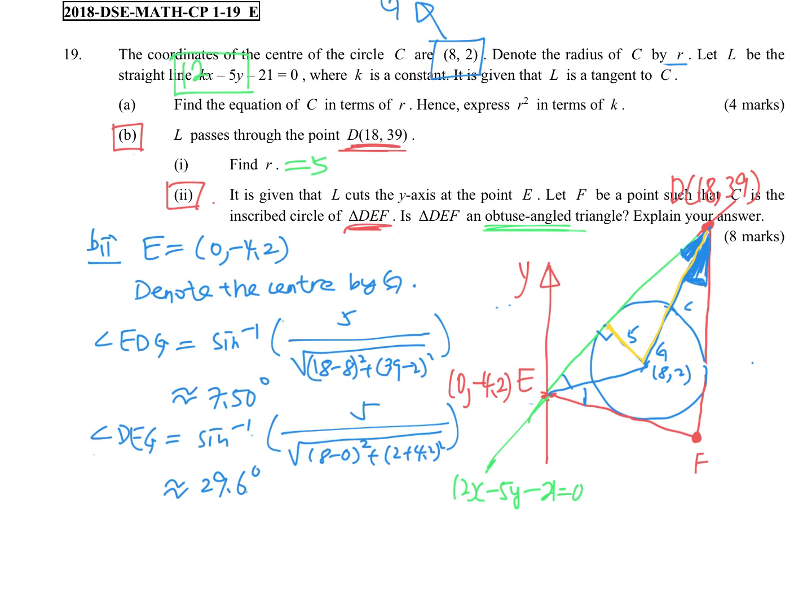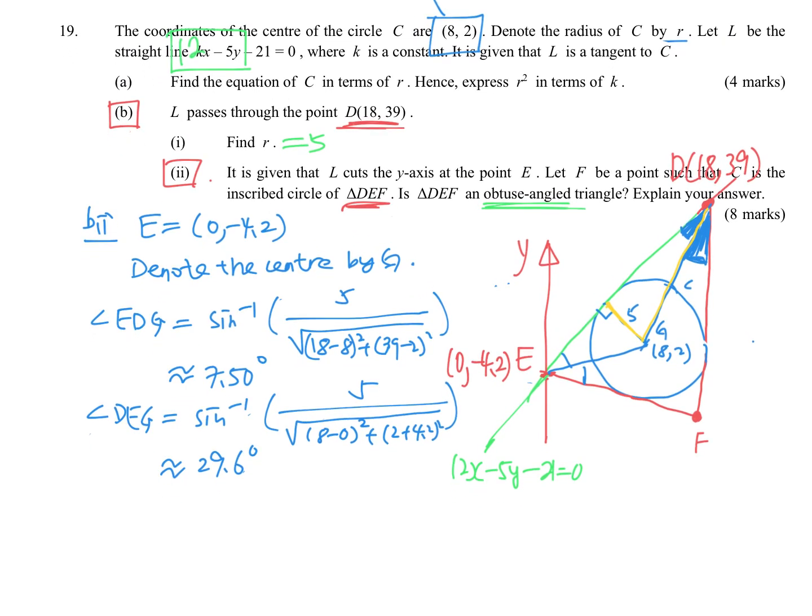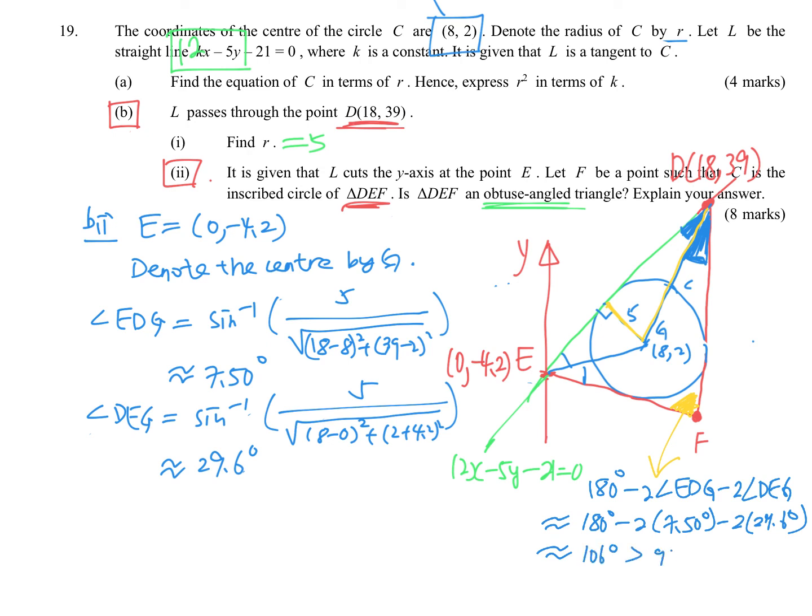So all we need to find is the final angle F. Angle F would be 180 degrees minus 2 angle EDG minus 2 angle DEG. With the substitution, that would be 106 degrees, bigger than 90 degrees.